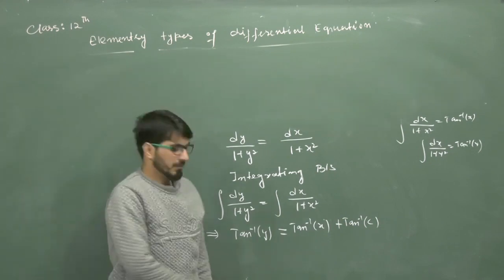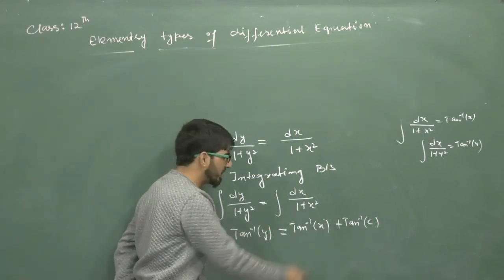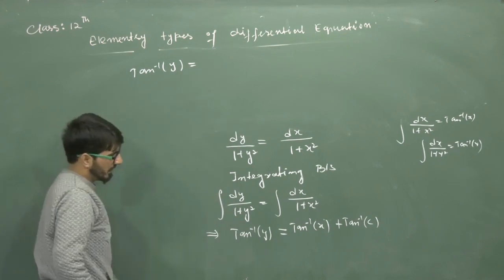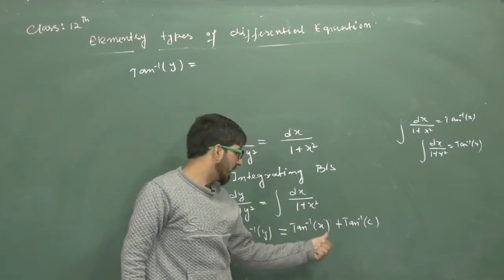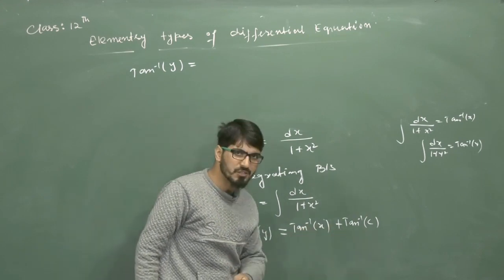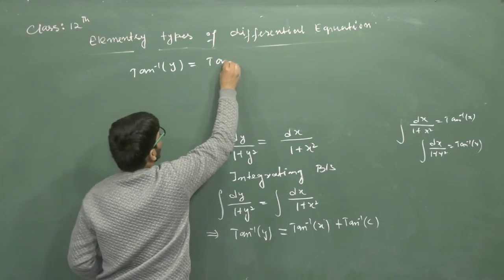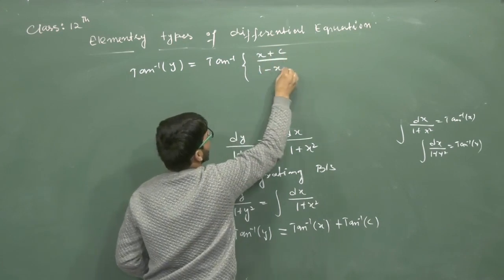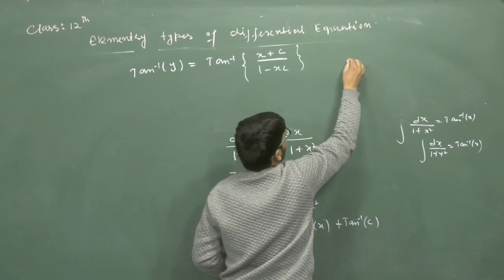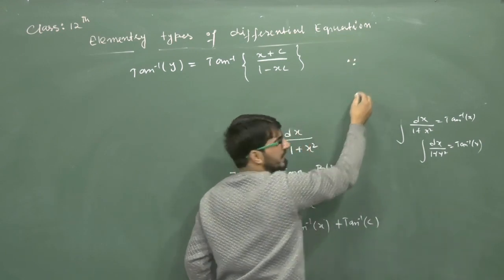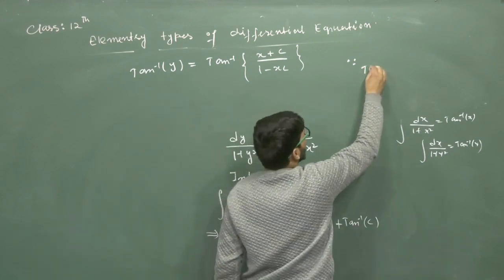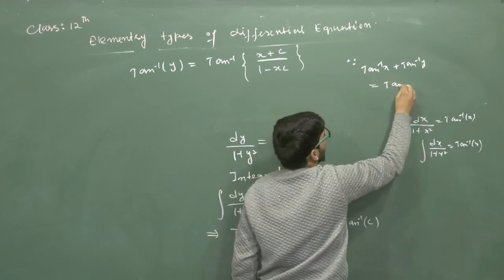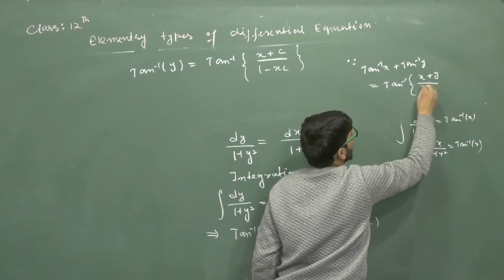Here tan inverse of y is equal to tan inverse of x plus tan inverse of c, which implies tan inverse of y is equal to, as we know from inverse trigonometric functions, tan inverse of x plus tan inverse of c is equal to tan inverse of x plus c divided by 1 minus xc, because we know from ITF, that is inverse trigonometric functions, the formula is tan inverse of x plus tan inverse of y is equal to tan inverse of x plus y divided by 1 minus xy.